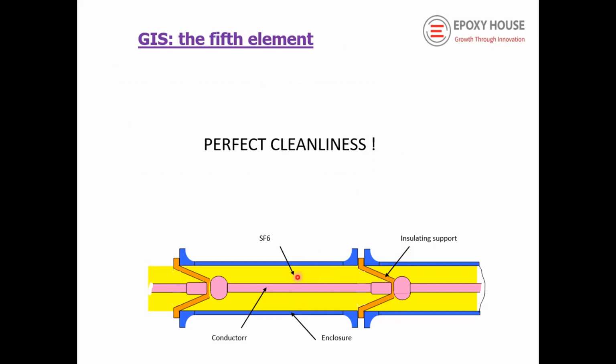If there are particles inside the switchgear, they start hovering and can create a failure, or go into the critical part of the insulation and bridge the high voltage line into a short circuit, causing failure of the equipment. So the cleanliness of the equipment is very important.